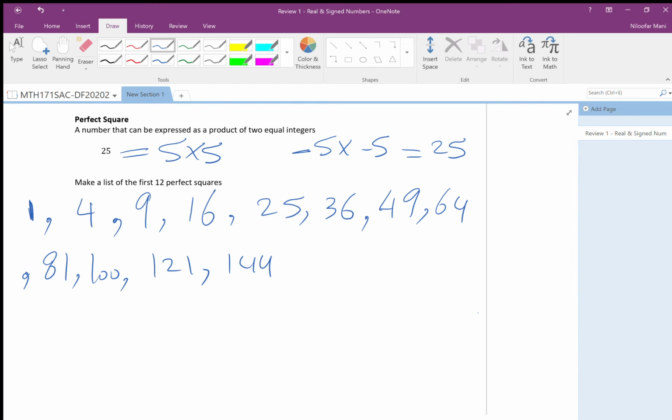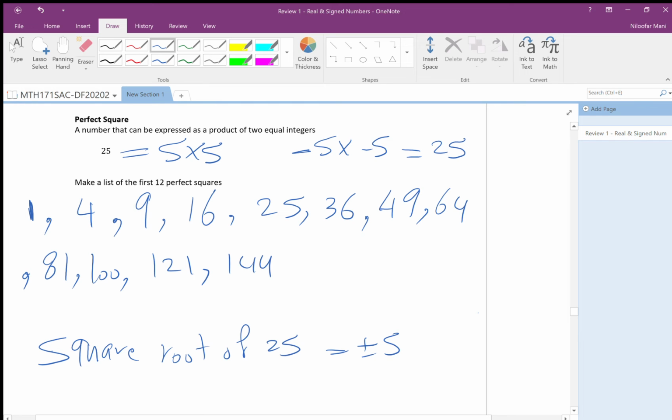But remember, again, I want to emphasize, if I just ask as a question in any language, what is the square root of 25, you can say plus minus 5, I know.